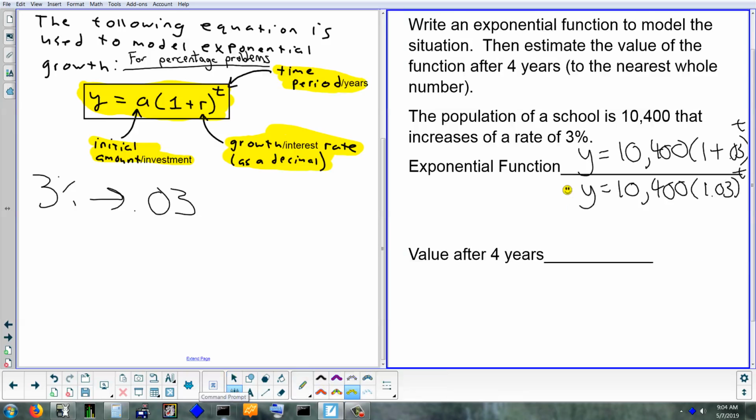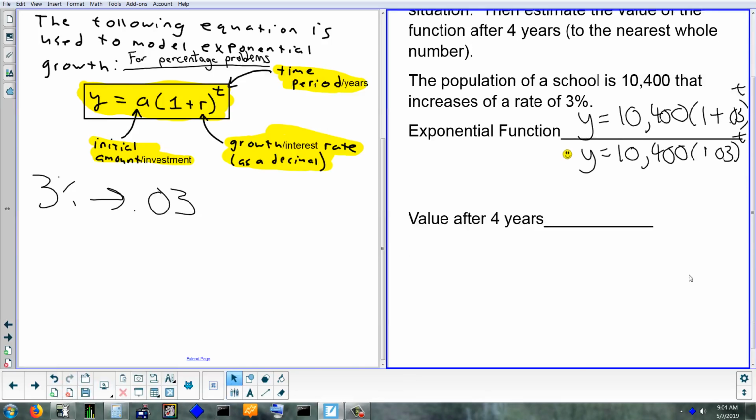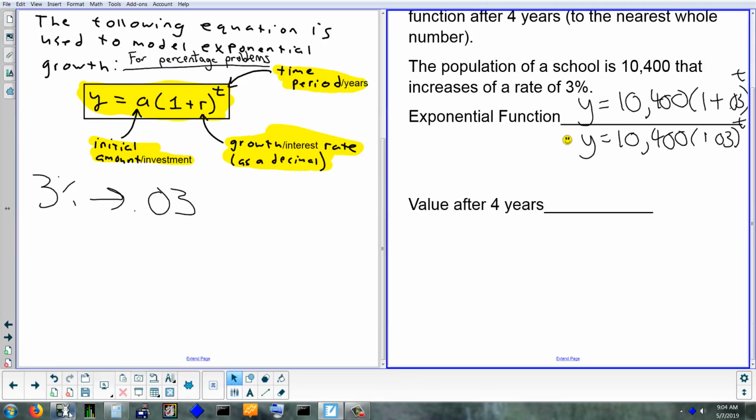All right? Now, value after 4 years. I'm going to write my answer here, but I'm going to do my work below it. So I'm going to take this function, right? I can plug in any amount of years and get what my value is going to be. So y equals 10,400, 1.03 to the t.